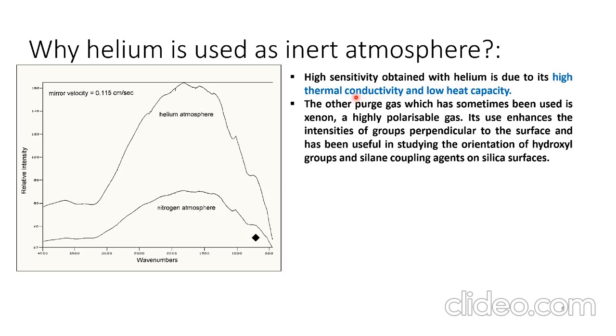It enhances the intensity of groups perpendicular to the surface, and has been useful in studying the orientation of hydroxyl groups or others on the surface. So this technique can also be used to detect functional groups on the surface itself.